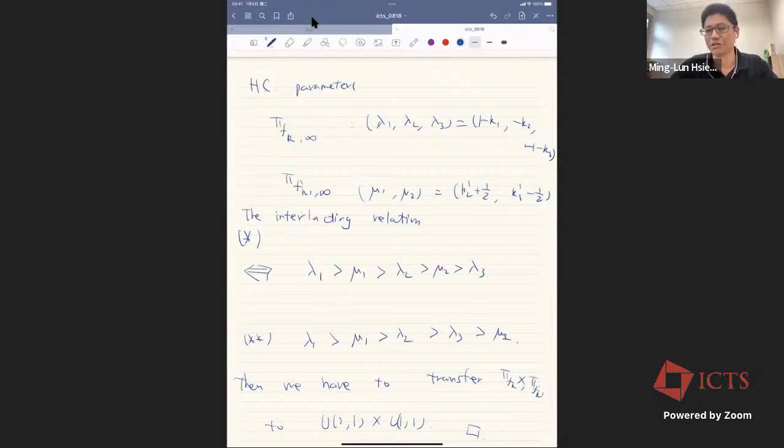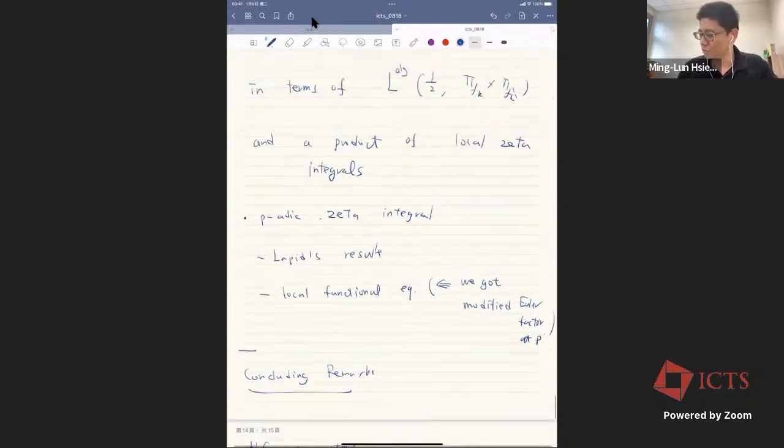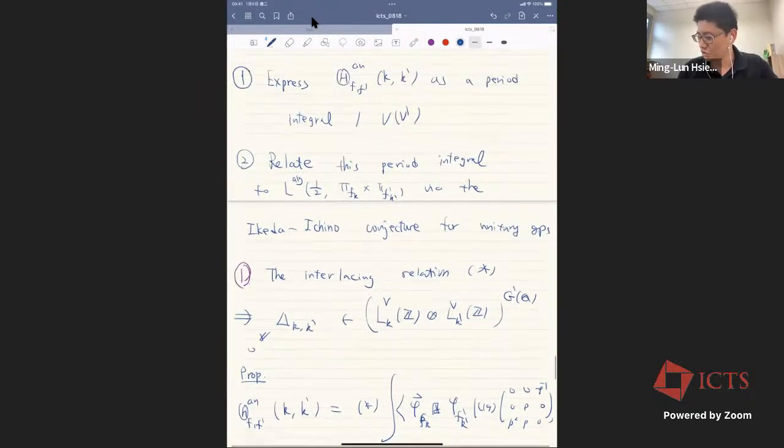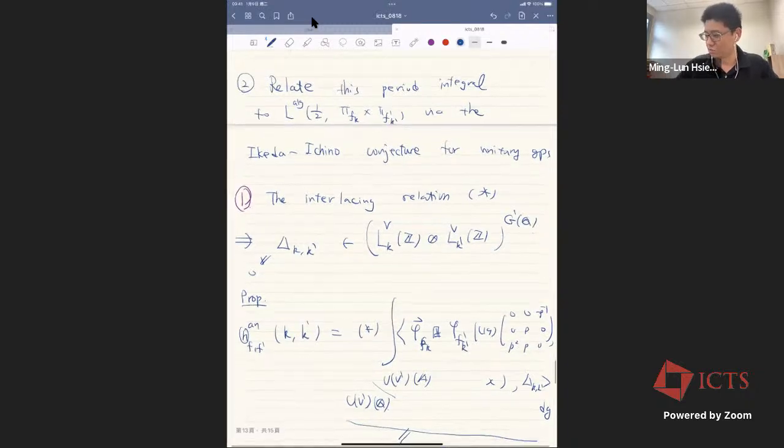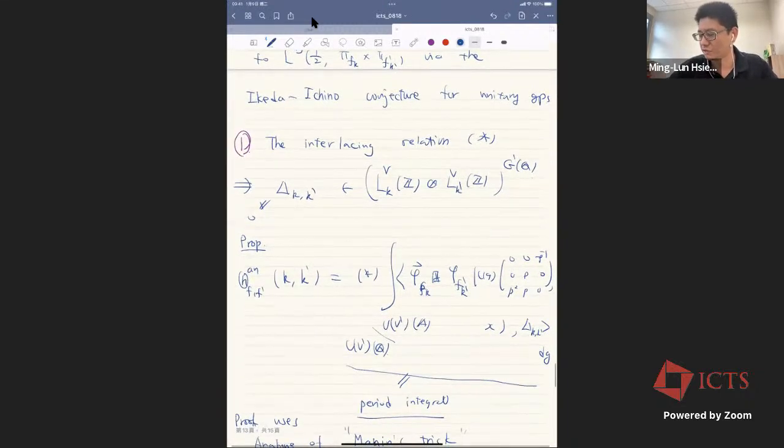There will be one slight difficulty in the proof of this proposition, because I use the explicit form of this delta KK prime. Maybe in higher rank it's harder, but I think it's still doable. You're right, everything can be generalized to UN cross UN minus 1 without too much difficulty. Thank you.